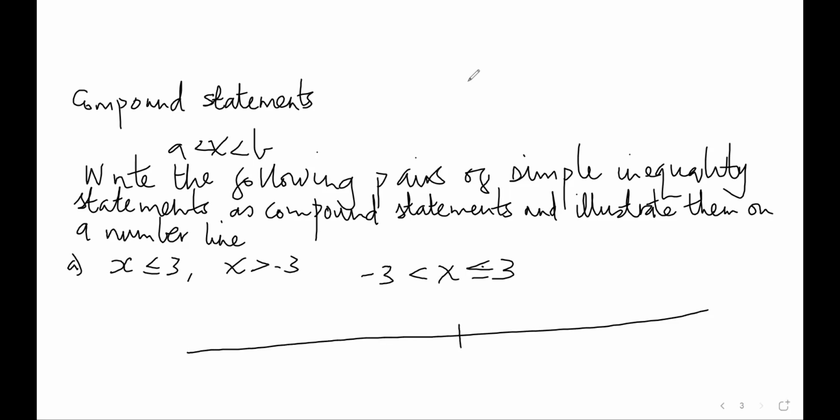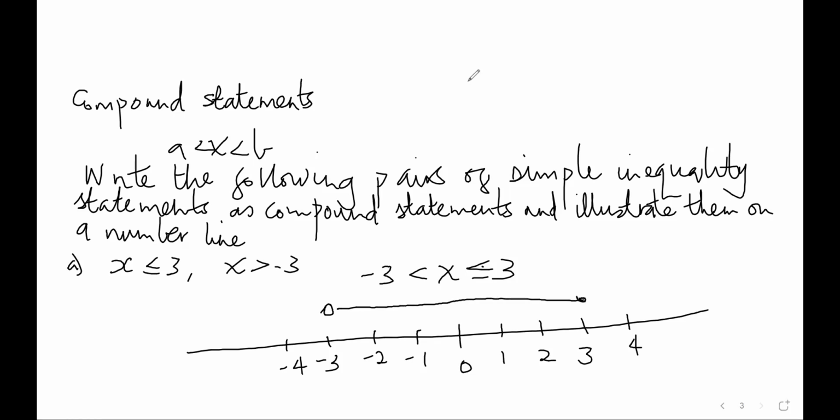If we put it on a number line, we have 0, 1, 2. So x is greater than, but less than or equal to.